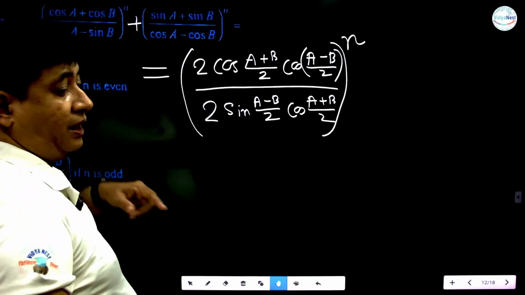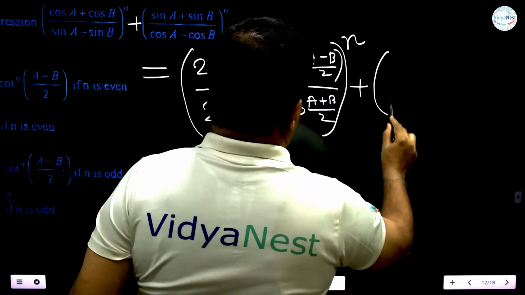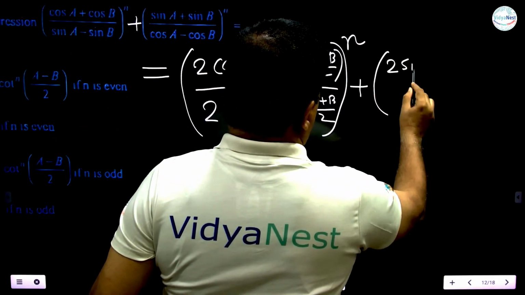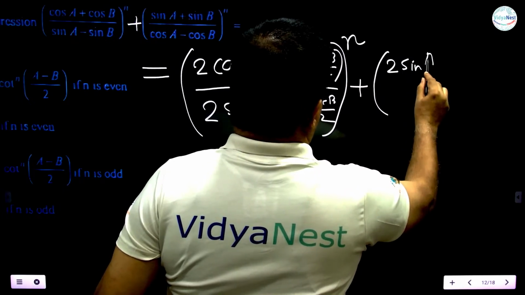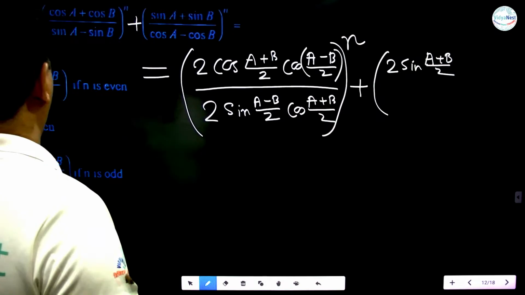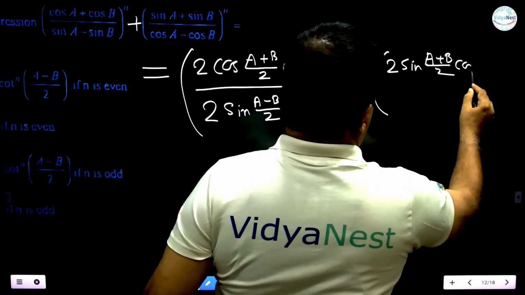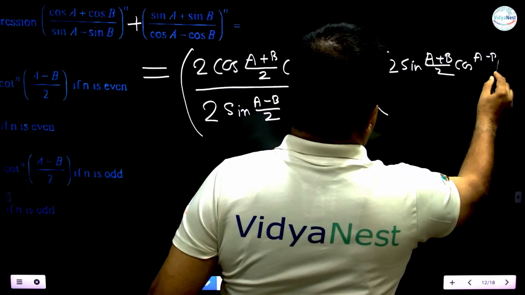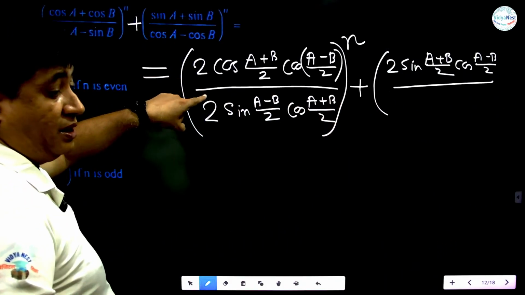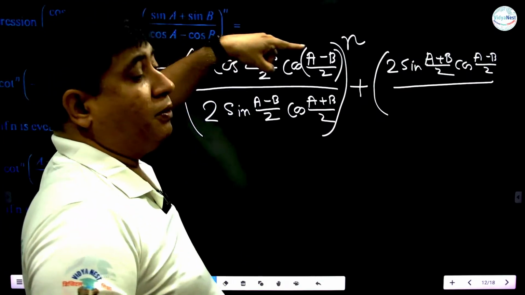Sin C plus sin D is 2 sin (C plus D by 2) cos (C minus D by 2). And denominator cos C minus cos D. Maximum students get confused in using this formula.